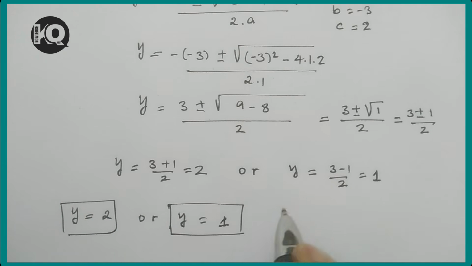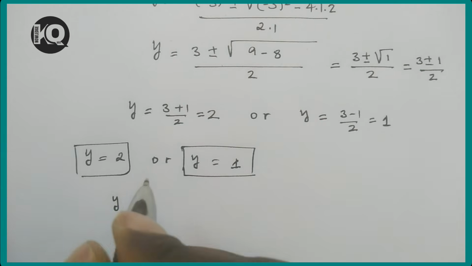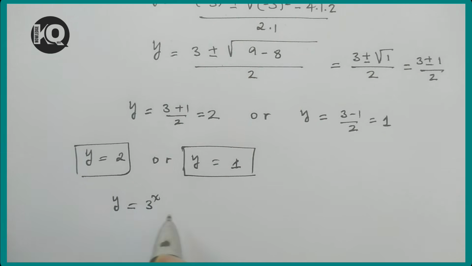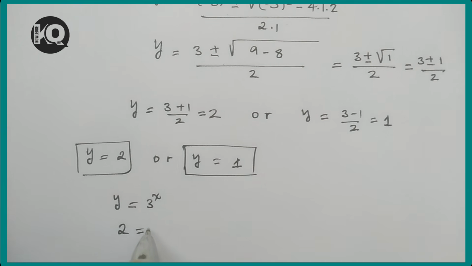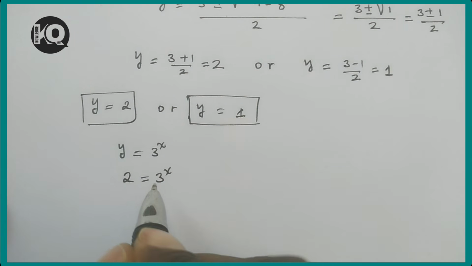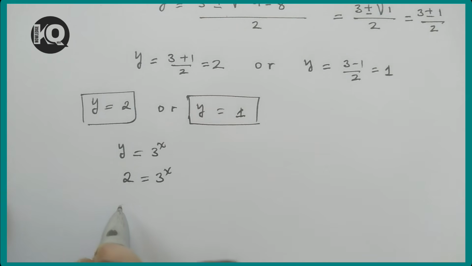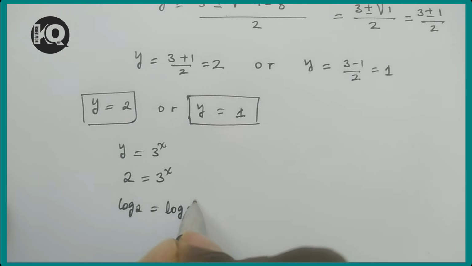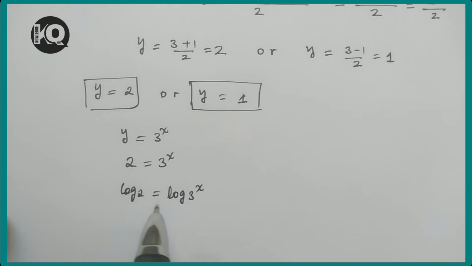But we know that y is equal to 3 to the power of x. So let's use y equal to 2, which is equal to 3^x. Since it's an exponential equation, we can solve by using logarithms. So log 2 is equal to log of 3^x. According to the rule of logarithms, this exponent comes to the front. So log 2 equals x times log 3.